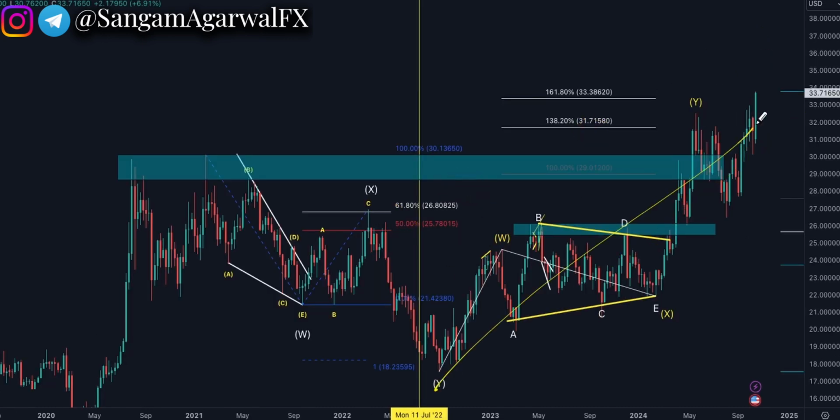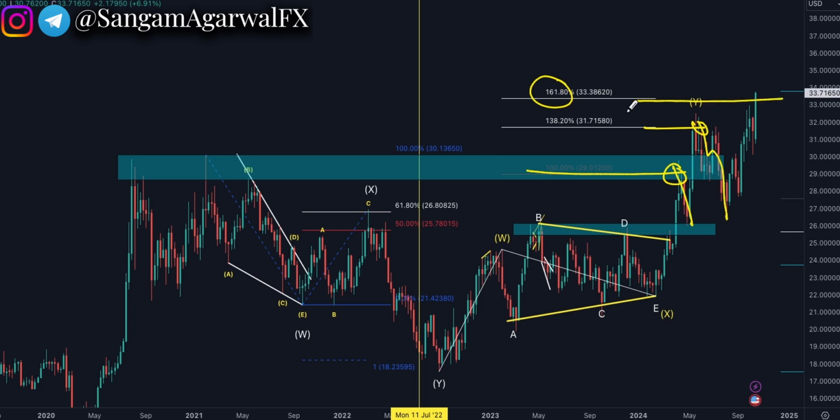Silver, WXY wave, now price is testing the 61% projection. You can see when price first hit the 100% projection, big reversal. When it hit the 38% projection, big reversal. Now price is testing the 61% projection.